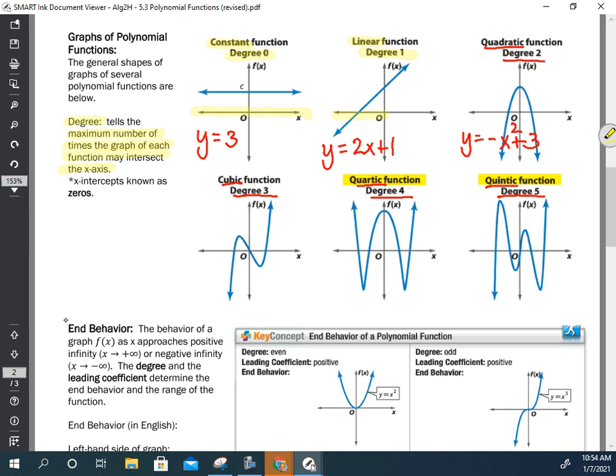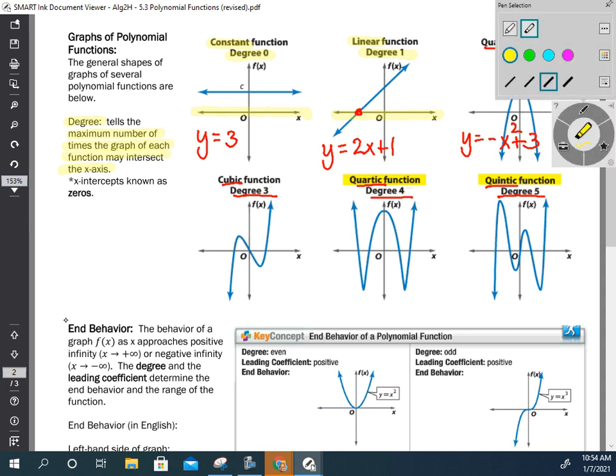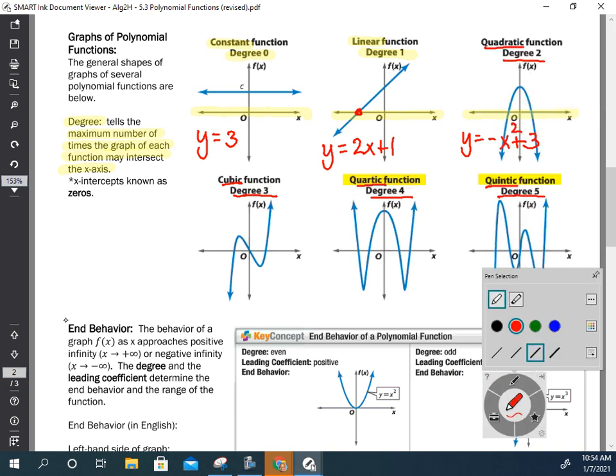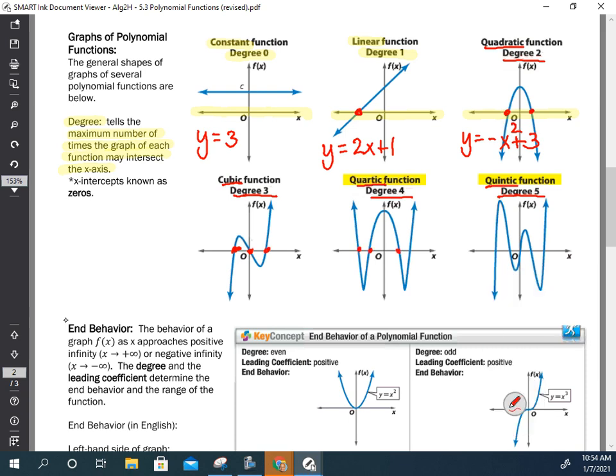If the degree is 1, that means it can touch the x-axis 1 time. If the degree is 2, then that means it can touch the x-axis up to 2 times. 3 times. 4 times. And so on.